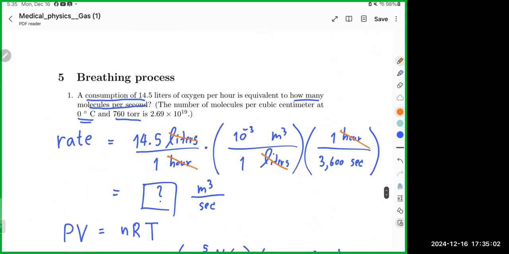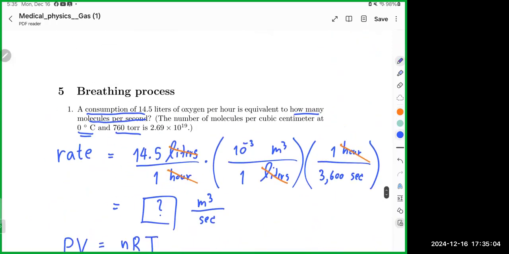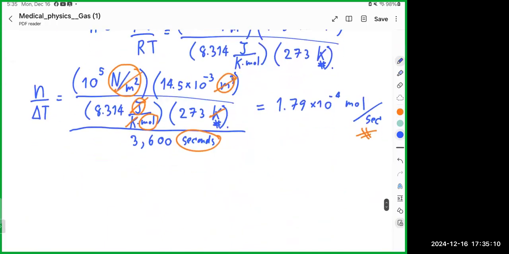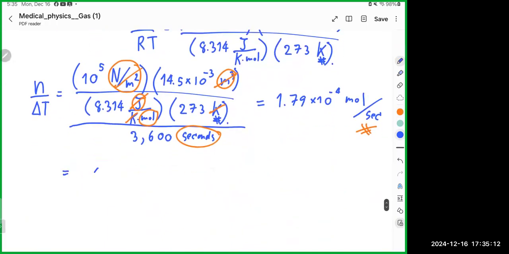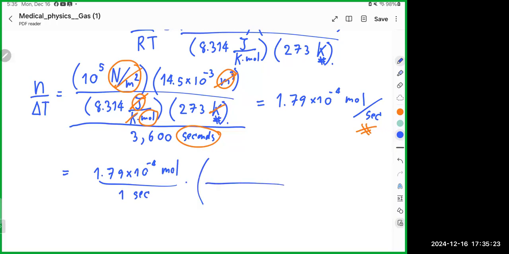However, in this problem, they want to know about the molecules, not moles. You have to turn this number into a real number: 1 mole equals 6.02 times 10 to the 23.